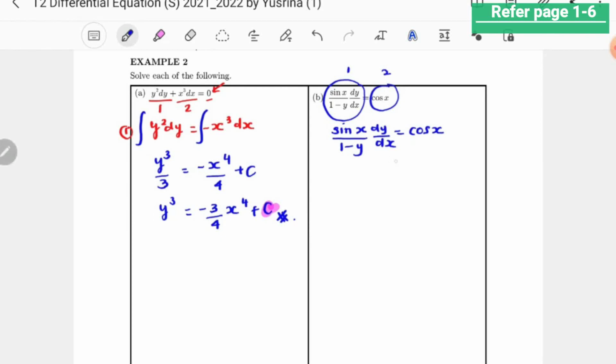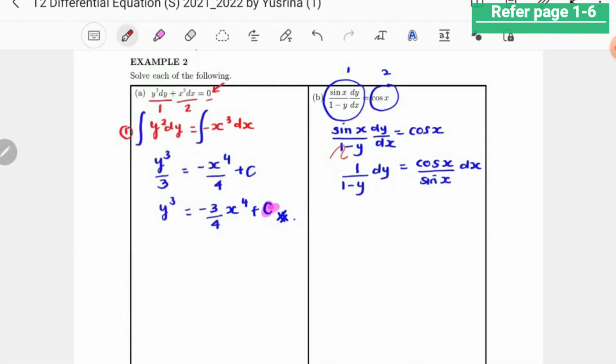So cos x over sin x dx. Make sure dy and dx are in the numerator, and then 1 over 1 minus y dy. Then the second step is integrate both sides.